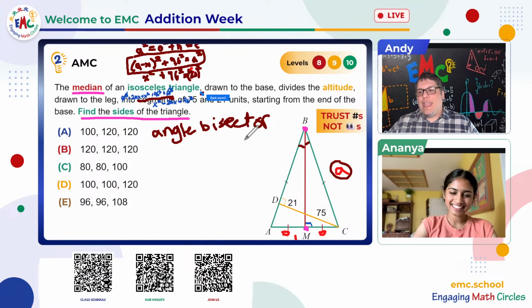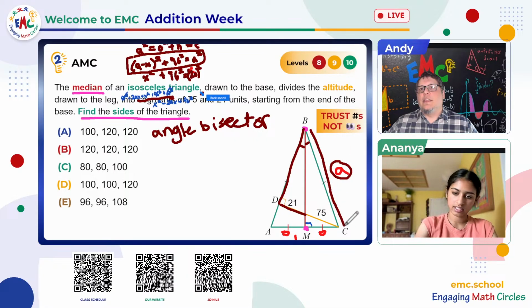The angle bisector theorem says that the length here in ratio to the length here is equal to the length here in ratio to the length here. So basically, they're two similar triangles.